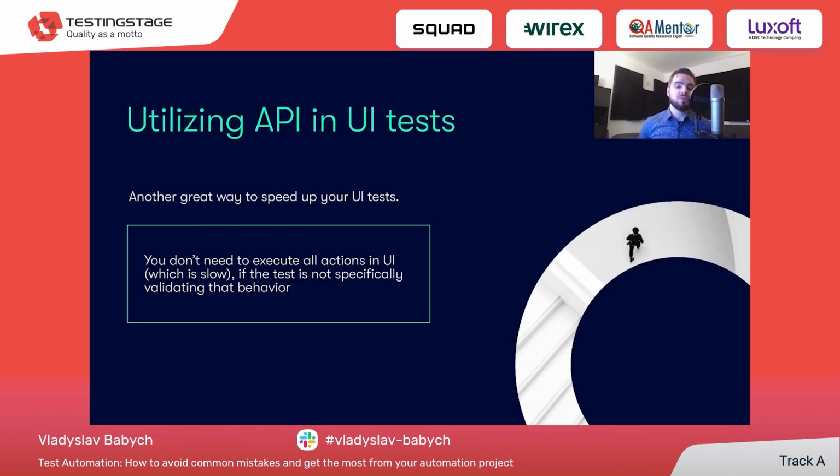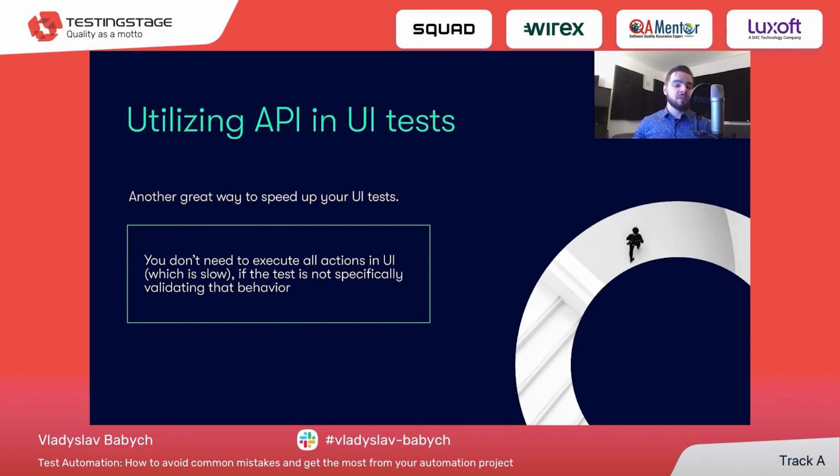Another thing worth mentioning for speeding up tests is utilizing API in UI tests. So if you're working on UI tests, the main point is that you don't need to execute all of your actions in UI, which is obviously slow, if the test is not specifically validating that behavior. So let's say you are testing a checkout functionality, but before that you need to log in.